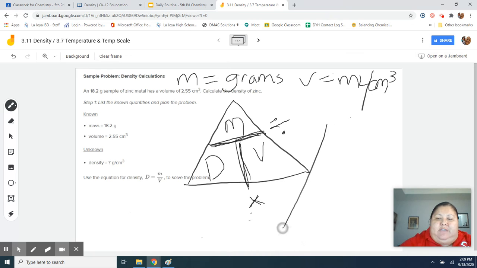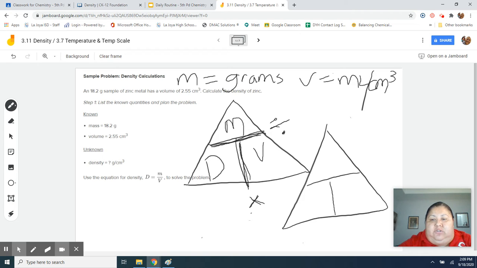So we set up a secondary pyramid, and we're going to use this pyramid to input our numbers so that we can see what we need to do in order to solve. Mass is 18.2, so M will be represented by 18.2 grams, and our volume will be represented by 2.55 cubic centimeters.